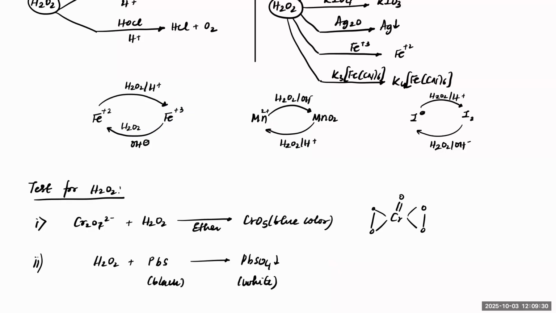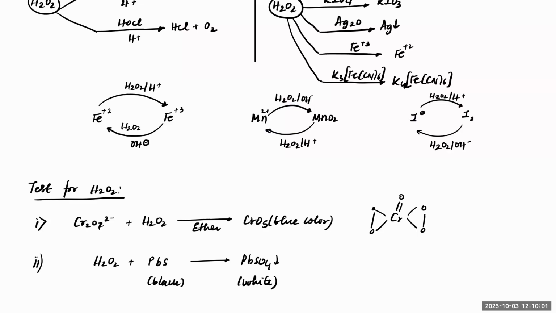Next, Mn plus 2 is converting into MnO2. Here again, I'm using peroxide in basic medium. And if I go to this side, that means I'm using acidic medium: I minus is converting into I2 in acidic medium, and I2 is converting into I minus in basic medium. So these three reactions you need to remember because they are distinct.